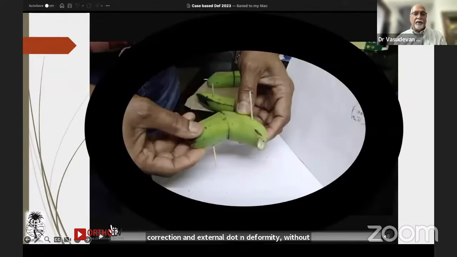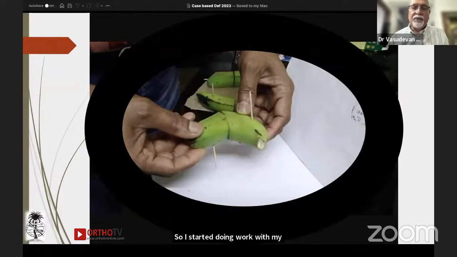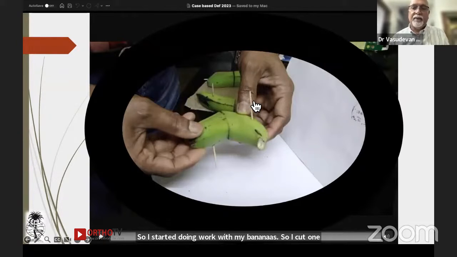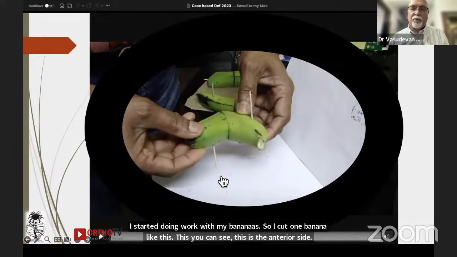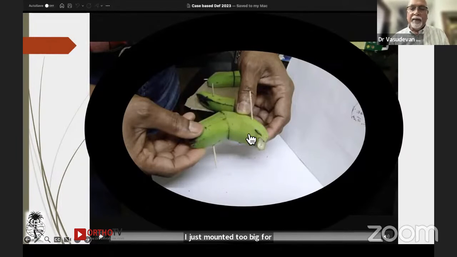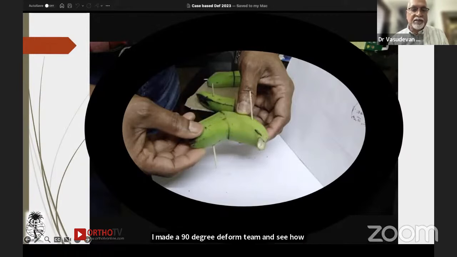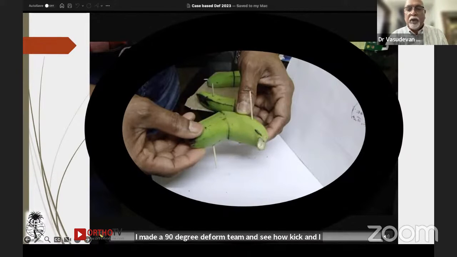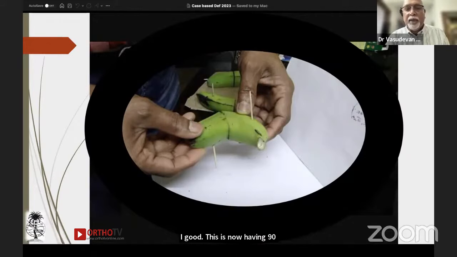So I started doing work with my bananas. So I cut one banana like this. You can see this is the anterior side. I marked a toothpick for anterior, put a toothpick for posterior. I made a 90-degree deformity and put a toothpick for the hinge. Because this is now having 90-degree deformity and 180-degree rotation.